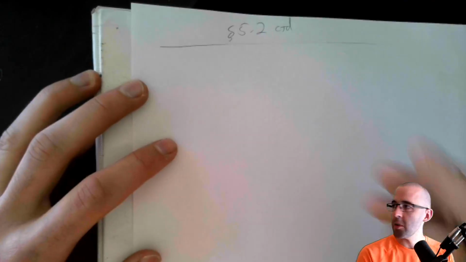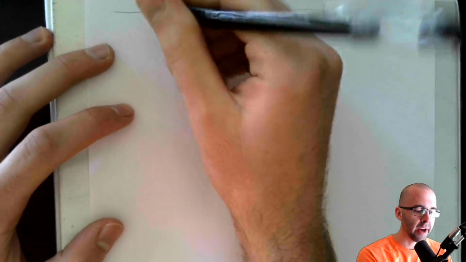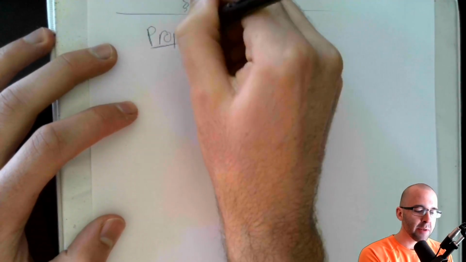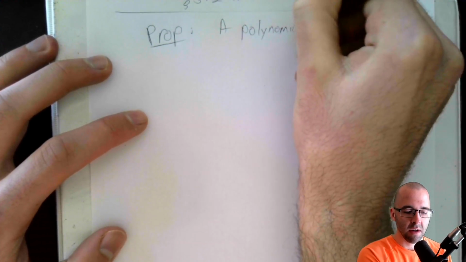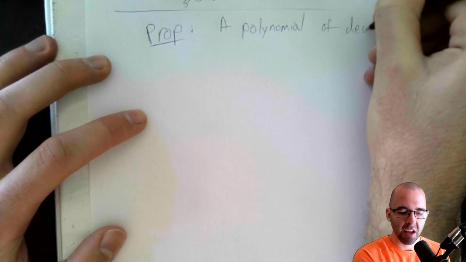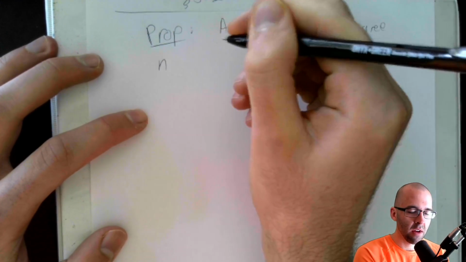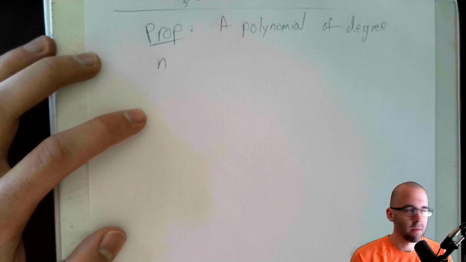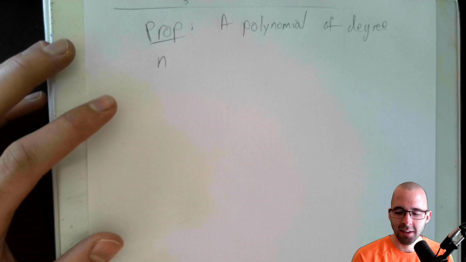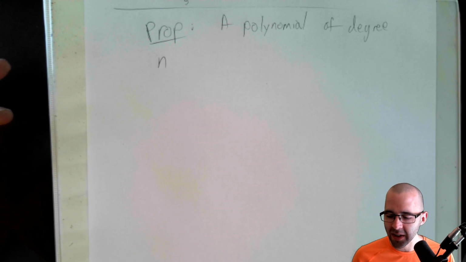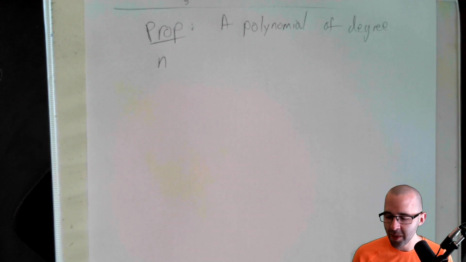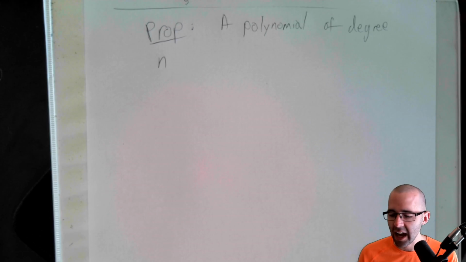So there's a good little property we got here. This property says that a polynomial of degree n, wait a minute, degree n. What is the degree of a polynomial? Remember, the degree of a polynomial is just the biggest exponent of the x's.